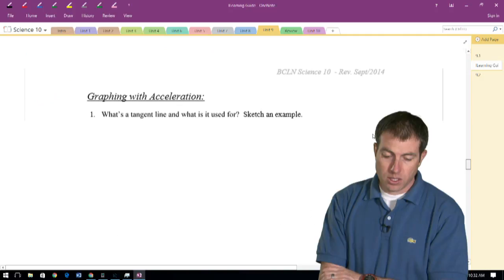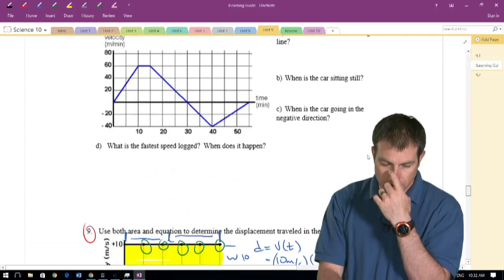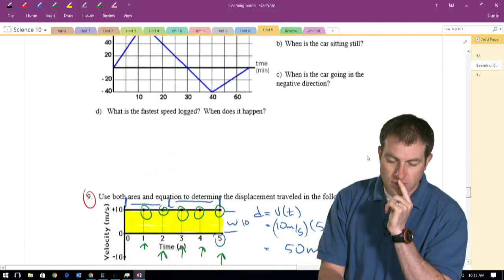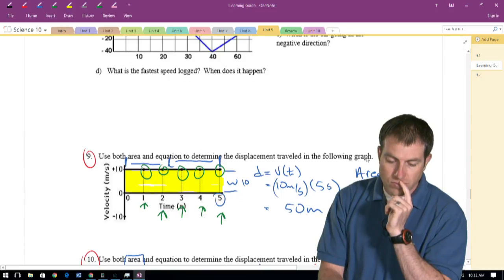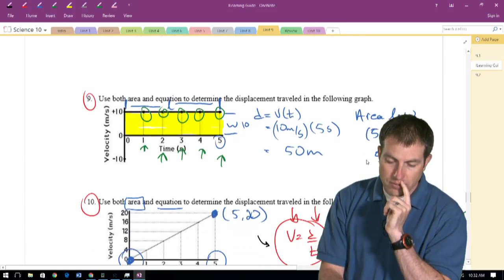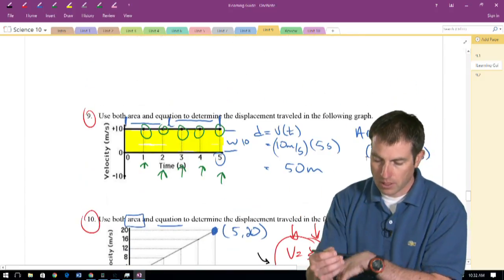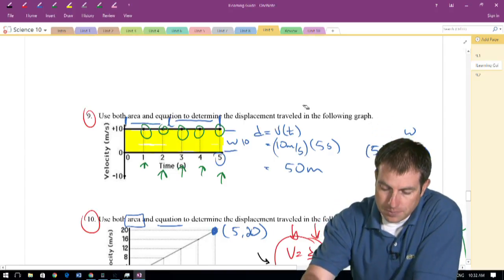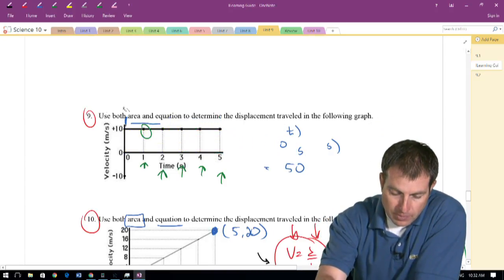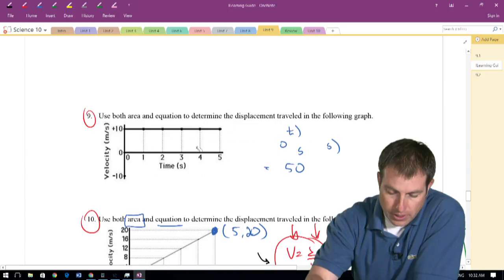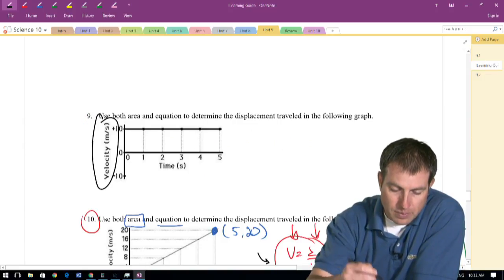All right, so you have some velocity time graphs, finding the area under the graph. We never talked about that, we should. All right, this is obviously a velocity time graph.